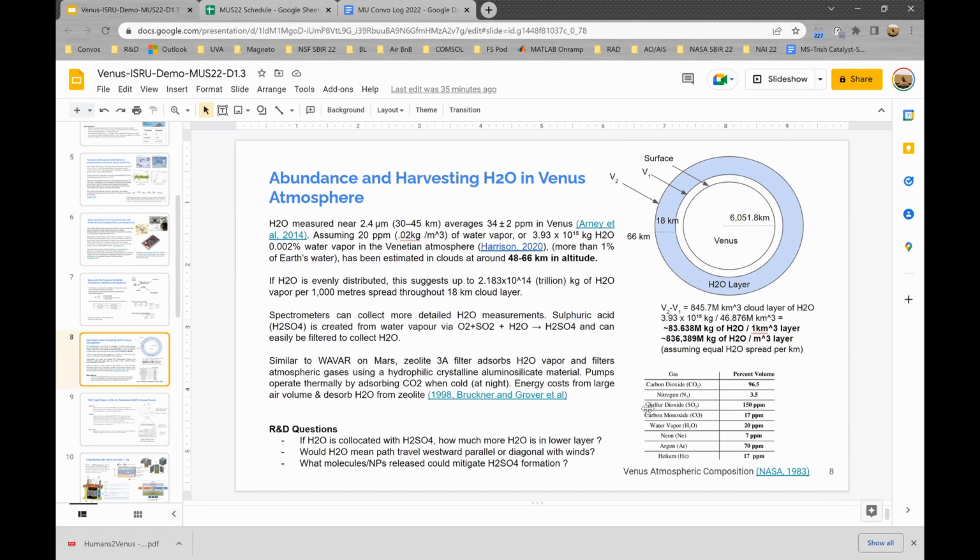And so here's a slide on really figuring out the water cycle and the abundance and collecting water in the Venusian atmosphere.